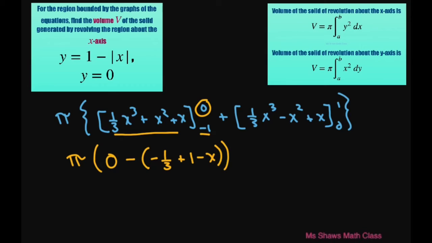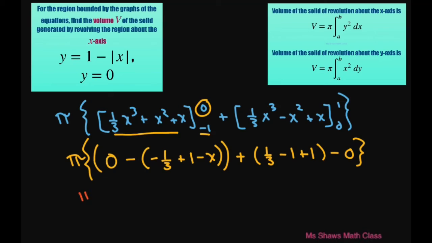So that's that part, and I'll put little brackets here. And then for this piece, you substitute in 1, you're going to get 1/3 minus 1 plus 1. And when you substitute in 0, you get minus 0. All right, let's see what this gives us.